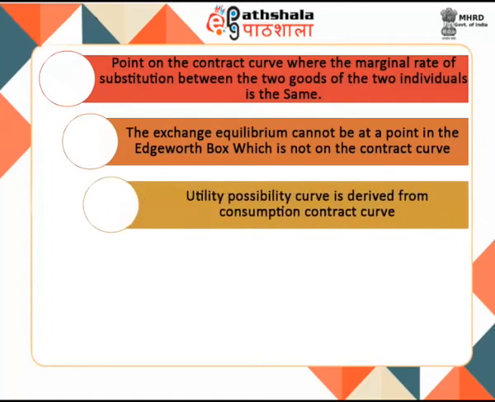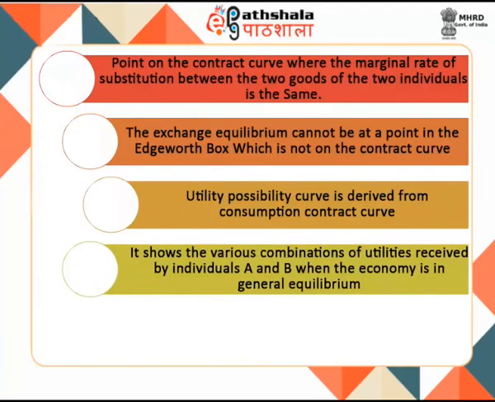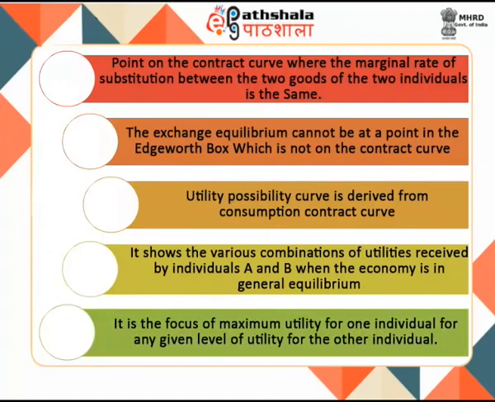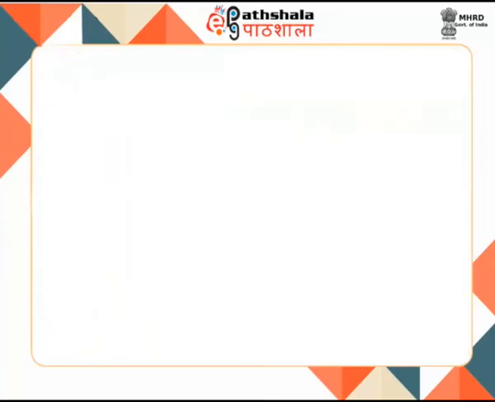Utility possibility curve is derived from the consumption contract curve. It shows the various combinations of utilities received by individuals A and B. When the economy is in general equilibrium, it is the locus of maximum utility for one individual for any given level of utility for the other individual.